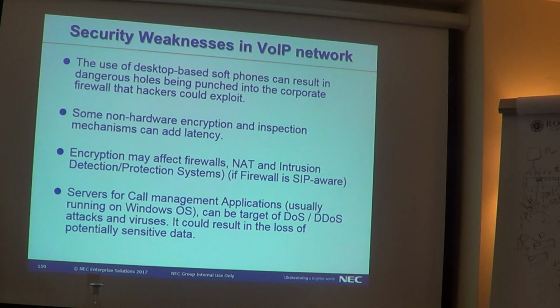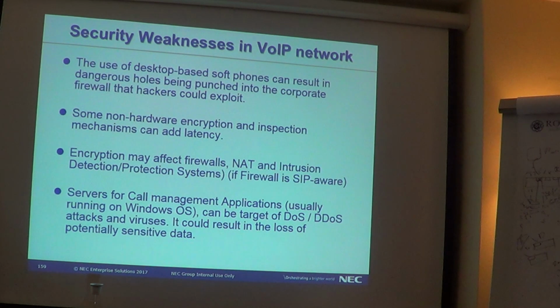Security weakness in the voice over IP network mainly comes from PC-based devices, because there are a lot of dangerous holes inside Microsoft. I cannot protect my phone, but I cannot protect Microsoft. I'm not Microsoft. Microsoft should protect themselves. And some unknown hardware encryption and its mechanism can add latency.